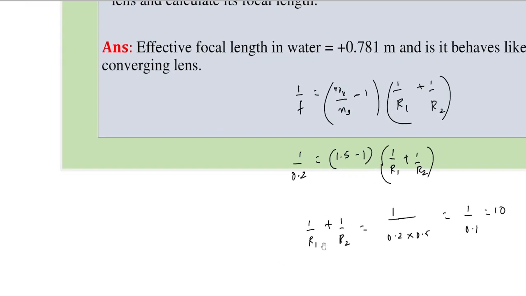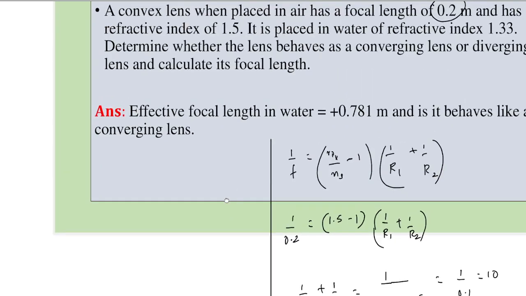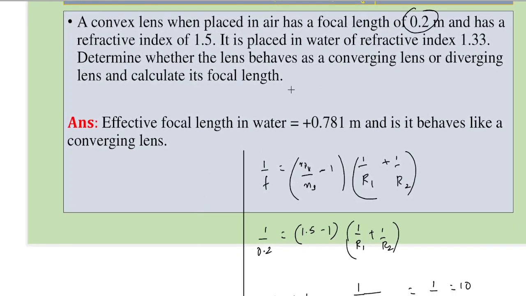We want this because we need to find what the focal length is when the lens is kept in some medium. So in this case, for the second part, we need to find whether the focal length is positive or negative. For that, 1 by f dash, where f dash means the focal length when the lens is placed in a medium of refractive index 1.33, is equal to 1.5 by 1.33 minus 1 into this factor.